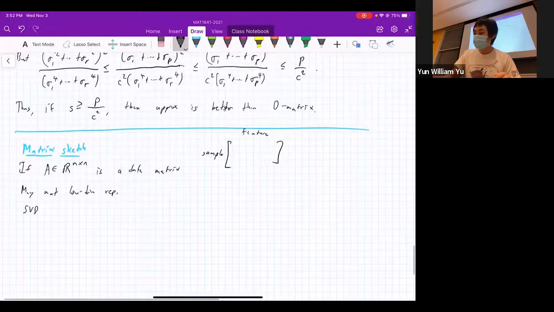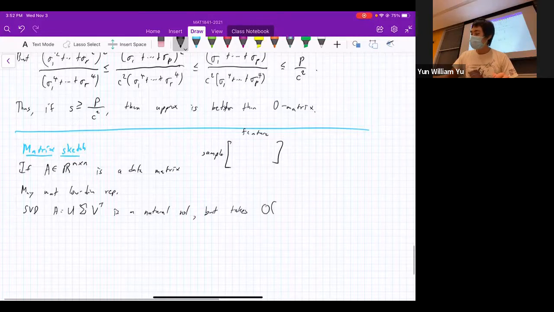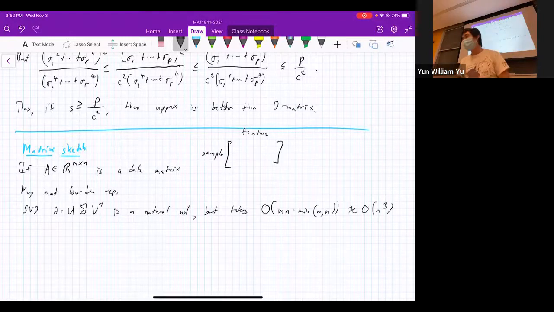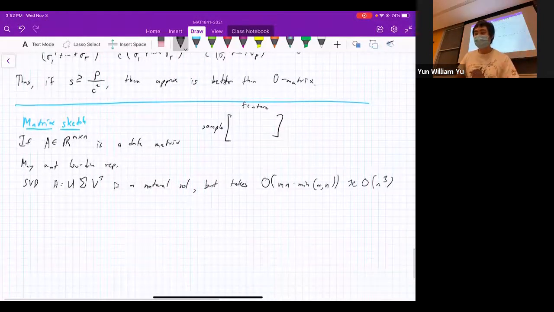And the SVD, A = U sigma V transpose, is a natural solution. But this takes O(mn times the minimum of m and n) time, which is about O(n cubed), assuming that n is about equal to m. There are also a couple of other issues with using the SVD.